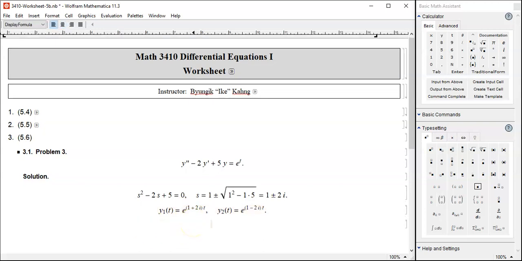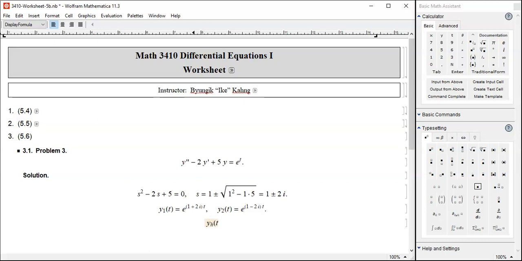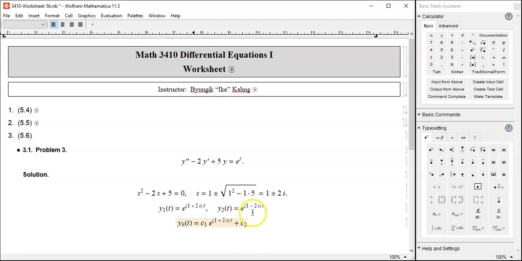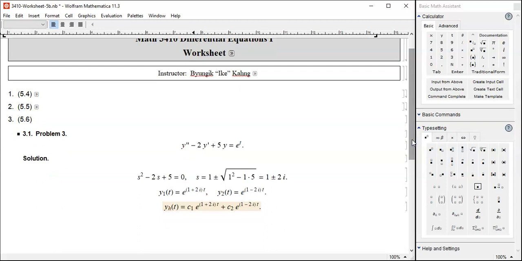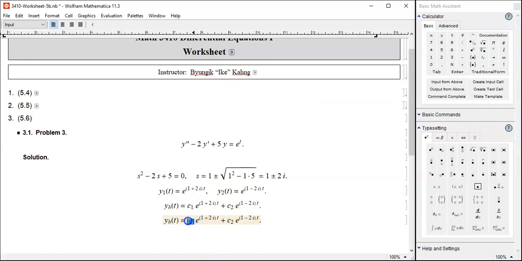And then the general solution yh of t will be c1 times this complex exponential plus c2 times this complex exponential. Oops, no, this should be minus. Sign change there. This is the homogeneous solution. But if you don't like the complex exponentials, you can change into sines and cosines if you want to.